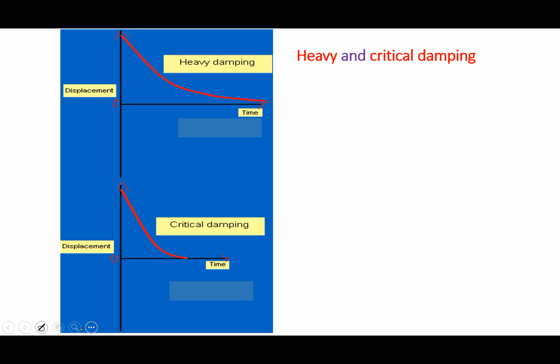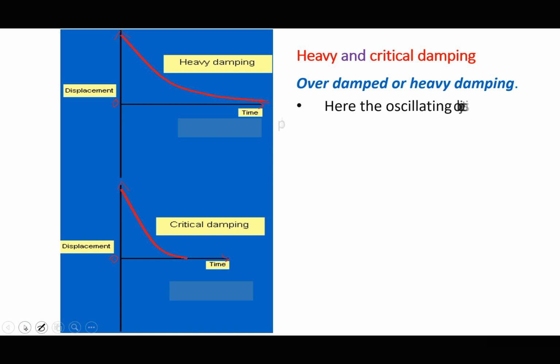So the other types of damping are going to be heavy damping and critical damping. Heavy damping is sometimes called overdamped. If a system is overdamped, there are no oscillations, but its amplitude decreases to zero over a long period of time.